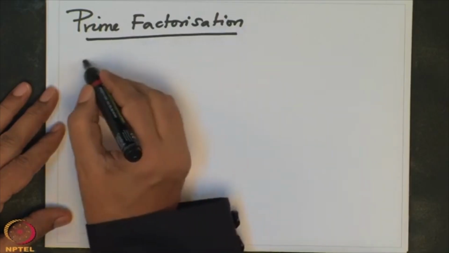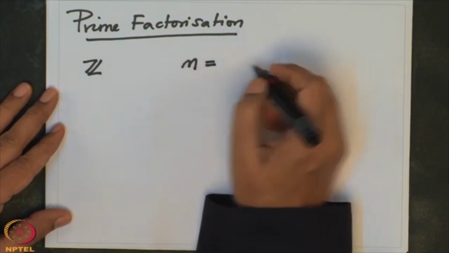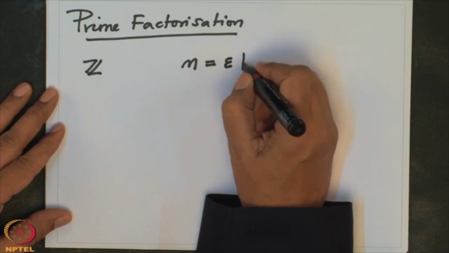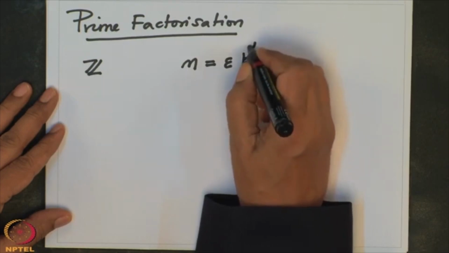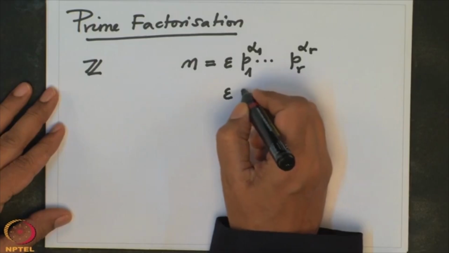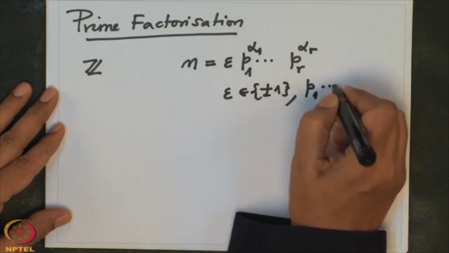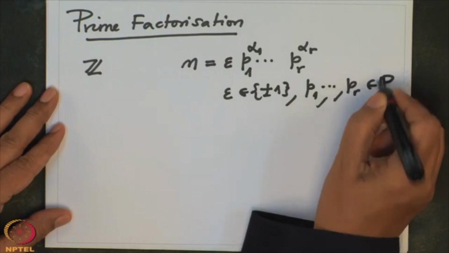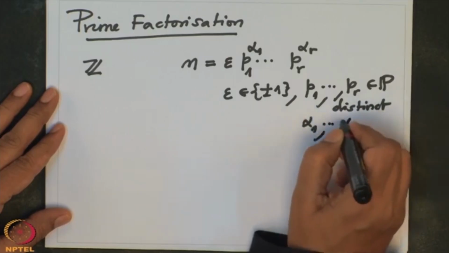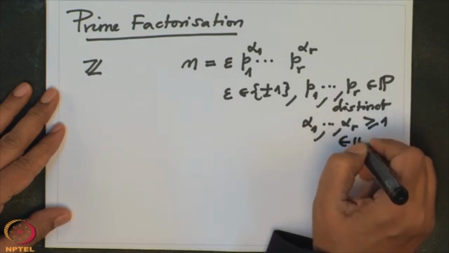So recall, in the ring of integers, any natural number n, we can write as either plus or minus, that is this sign, and a product of prime numbers, P1 power alpha 1, to Pr power alpha r, where this epsilon is plus or minus 1, and these P1 to Pr are distinct prime numbers, and these alpha 1 to alpha r are non-zero natural numbers, bigger or equal to 1. They are in N plus.